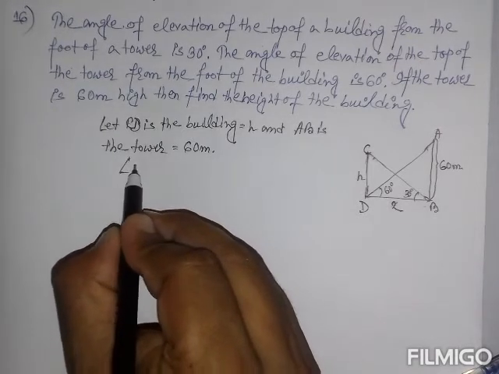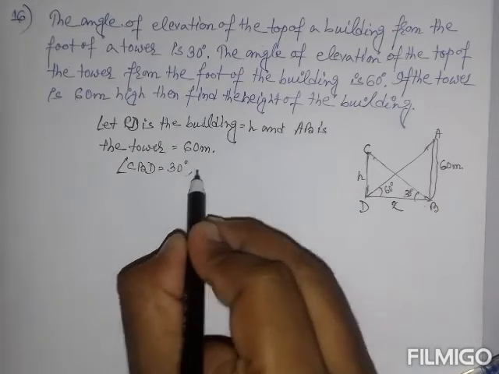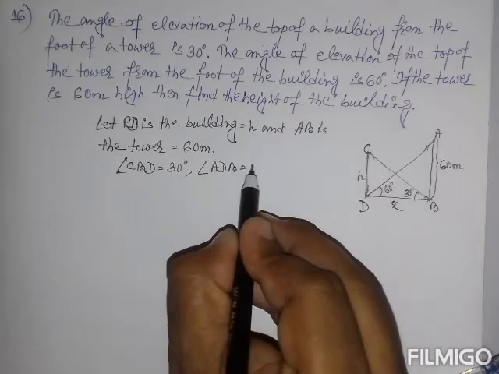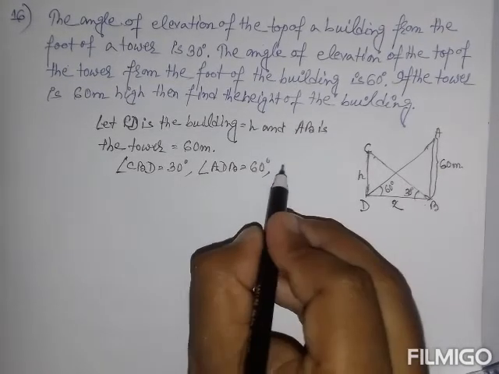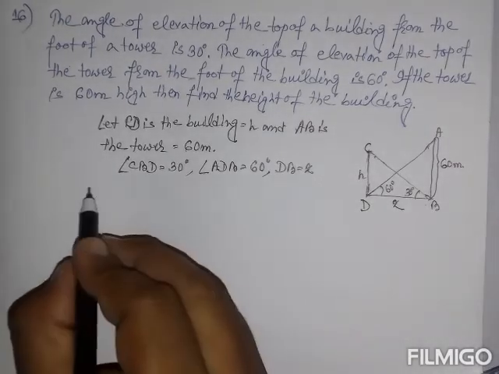Angle CBD is equal to 30 degree, angle ADB is equal to 60 degree. Let DB be equal to x.